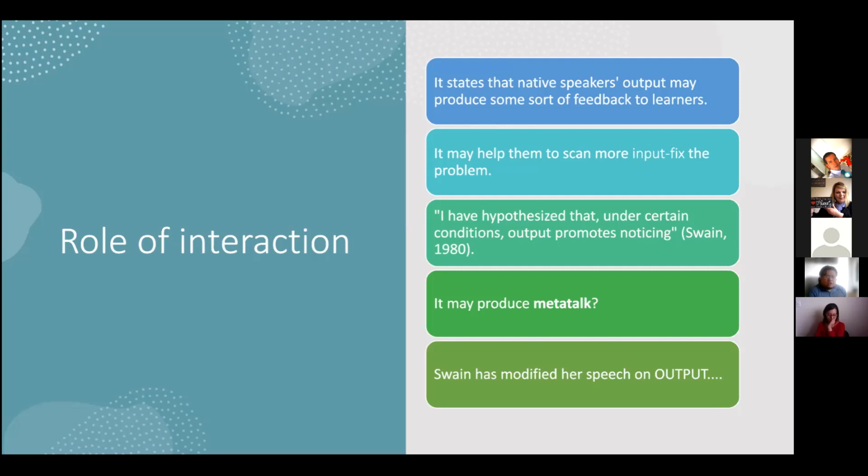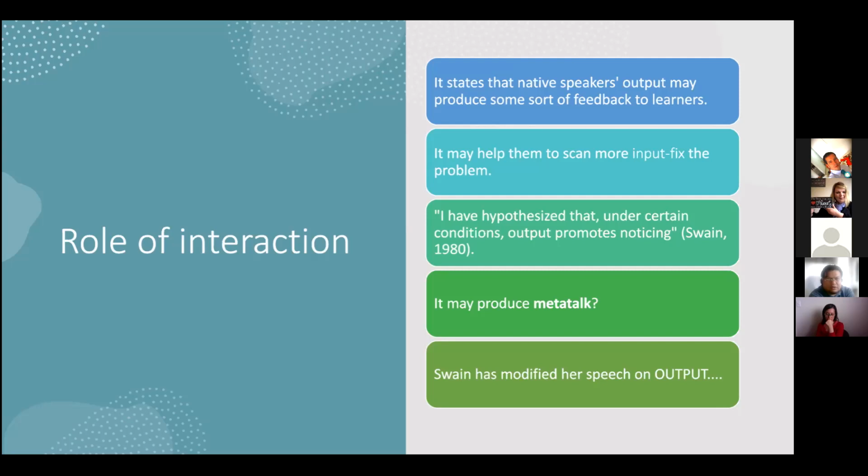Okay, and it also may produce metatalk. I don't know if someone has heard about this, metatalk. No? Nobody? Actually, I didn't. But as far as I read the book, it says that metatalk is what learners do. Learners talking out loud about the language itself.